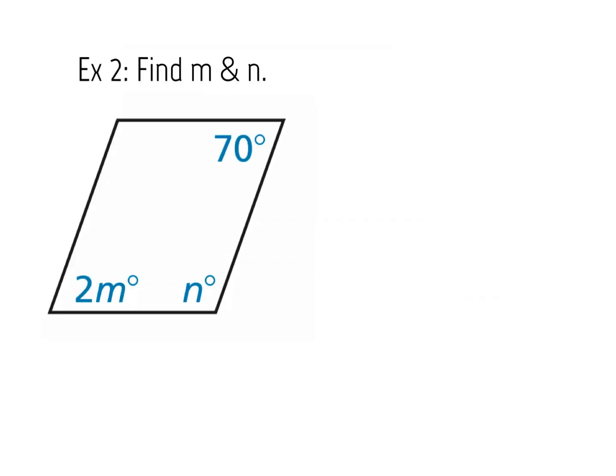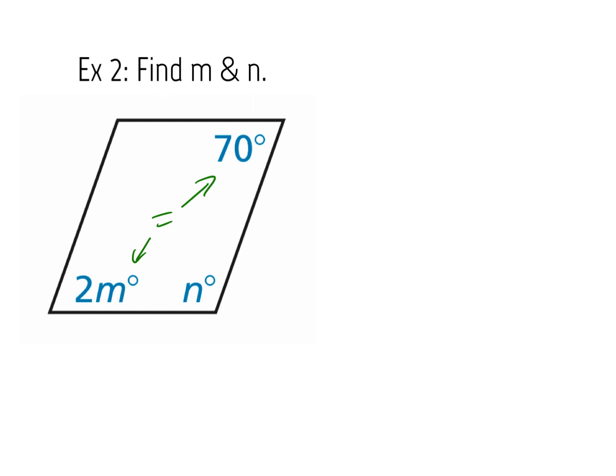Mandy, do you want to find m or n first? M. Okay. How do we find it? So she said 2m and the 70 are opposite angles. Because they're opposite, they're going to be congruent or equal to each other, right?